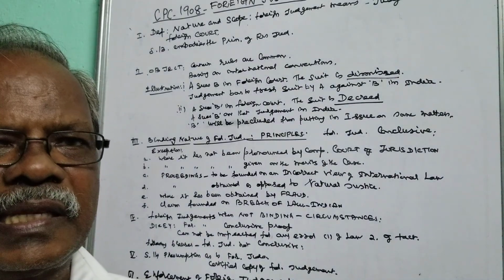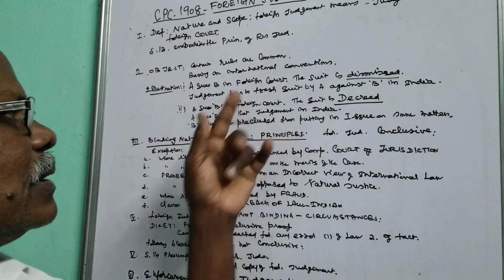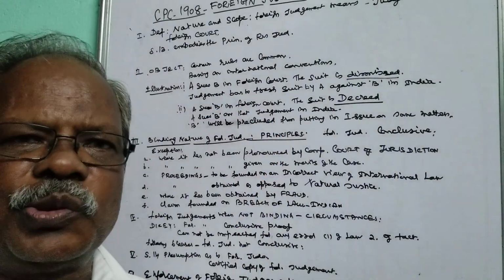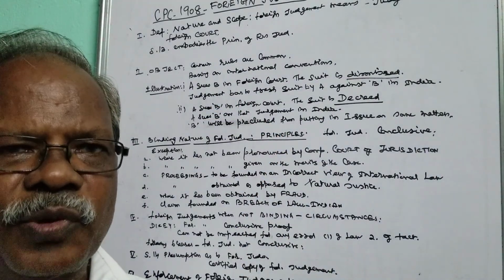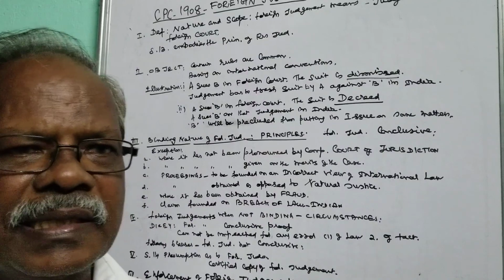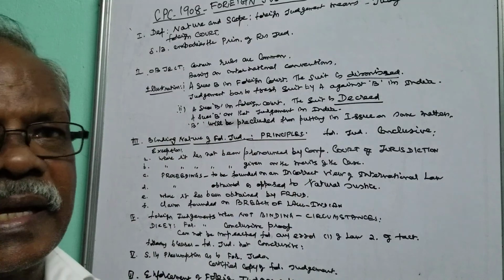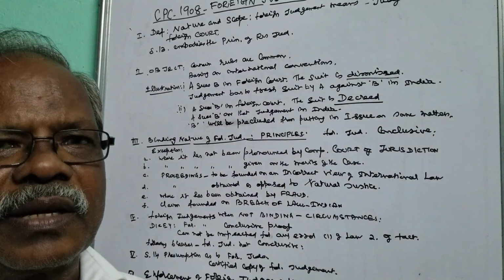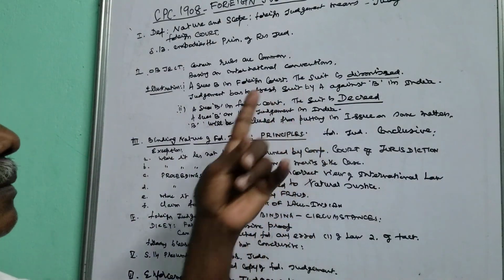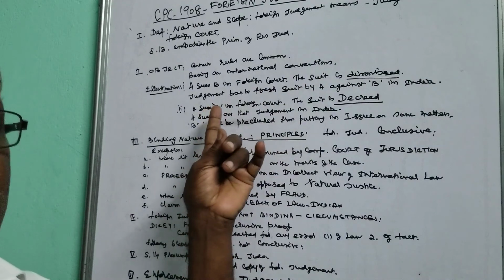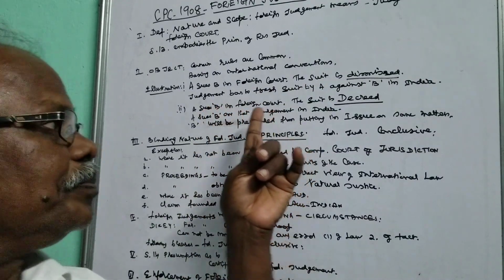So the judgment is a bar to a fresh suit in India. Once it is decided and the suit is dismissed, it cannot be taken up again in the Indian court. A fresh suit cannot be instituted in the Indian court.